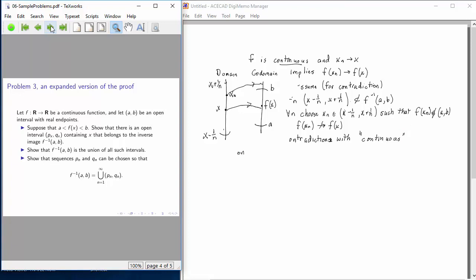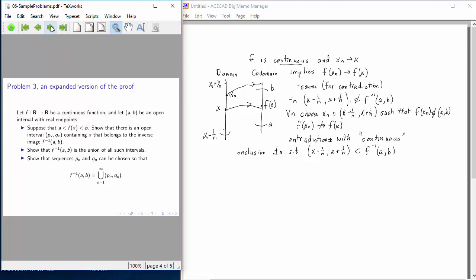So here's my conclusion so far. There exists some n with the property that the open interval between x minus 1 over n and x plus 1 over n is in the inverse image of the interval a to b.